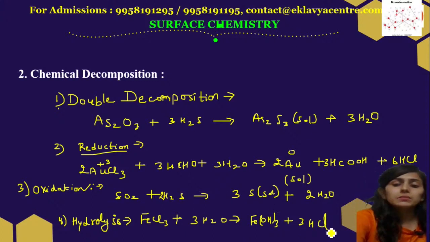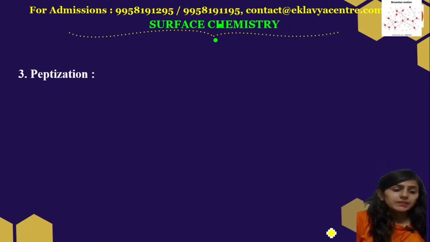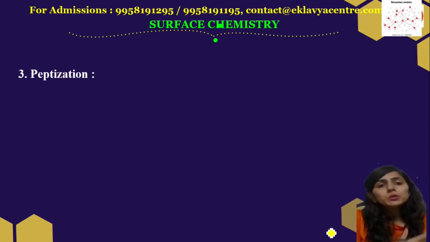The last method that we have to study here is peptization. Now what is peptization? It may be defined as a process of converting a precipitate into a colloidal sol by shaking it with the help of a stabilizing agent.